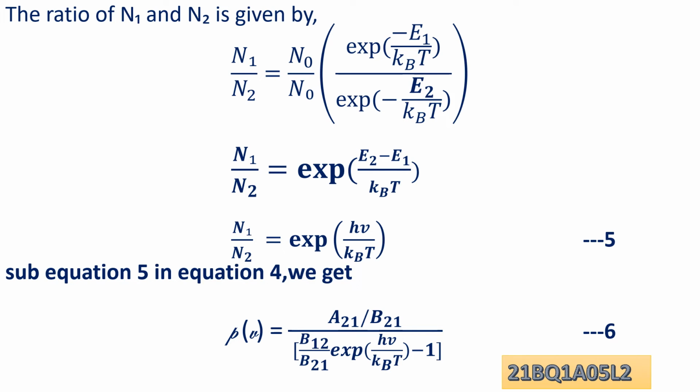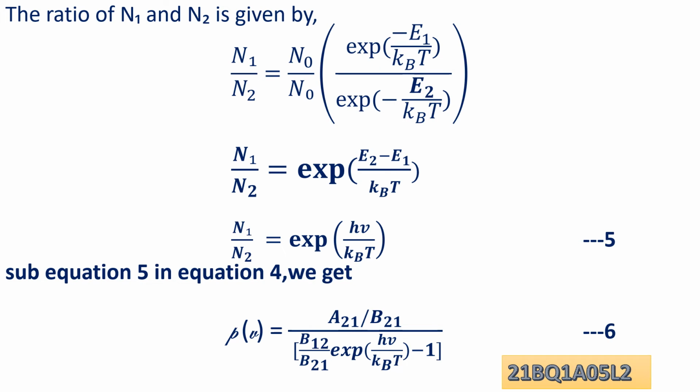The ratio of N1 and N2 is given by N1 by N2 equals N0 exponential of minus E1 by kBT whole divided by N0 exponential of minus E2 by kBT. Now cancelling N0 from both numerator and denominator, we get N1 by N2 equals exponential of (E2 minus E1) by kBT.